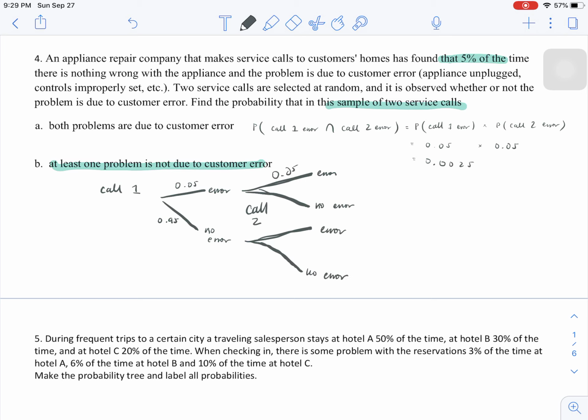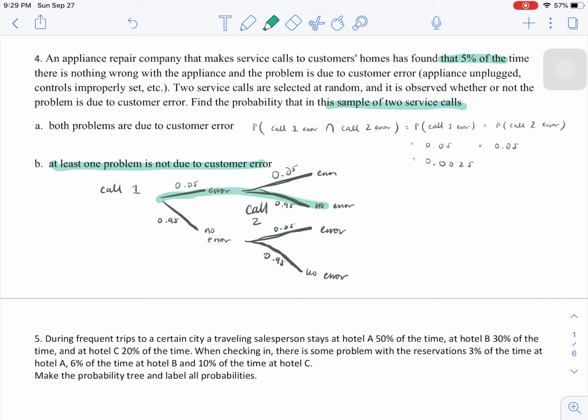This is 0.05, 0.95, 0.05, 0.95. So the way to read this is that the probability that the first call was due to error and the second call was due to error is 0.05 times 0.05.